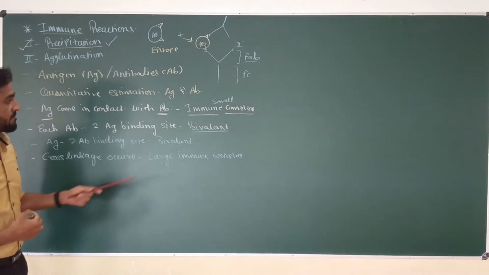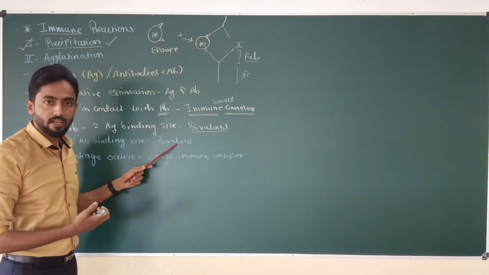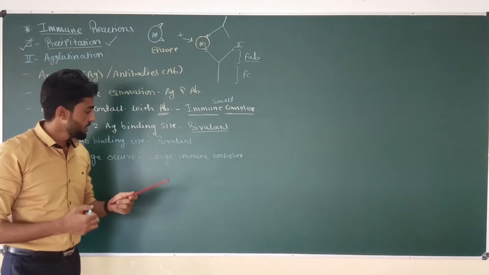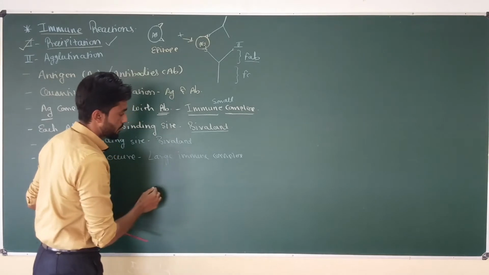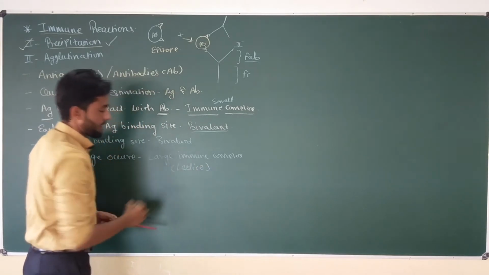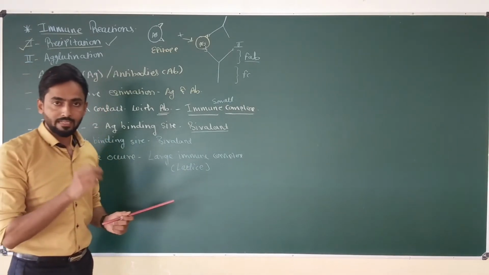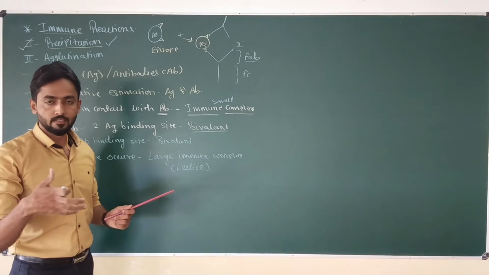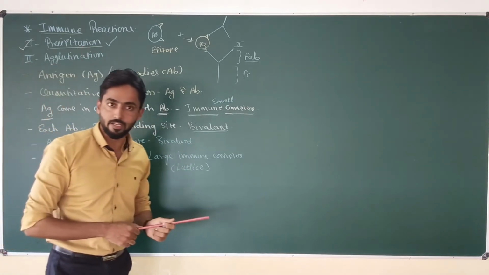When any bivalent antibody gets attached to a bivalent antigen, a large immune complex is produced. This large immune complex is sometimes called a lattice. And now this lattice gets precipitated out from the solution, and this precipitation process is the first type of antigen antibody interaction.